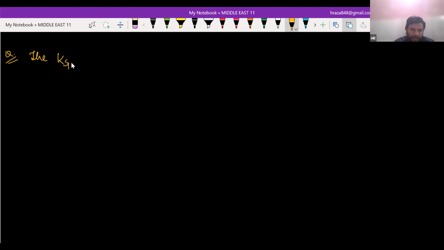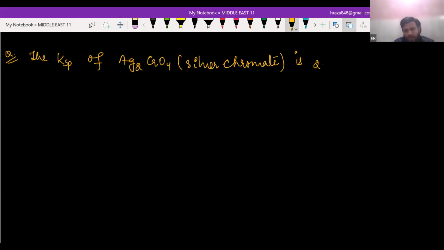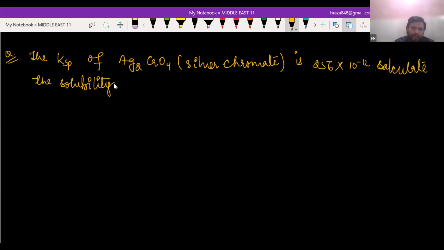The Ksp of Ag2CrO4, which is known as silver chromate, is 256 into 10 raised to the power minus 12. Calculate the solubility.